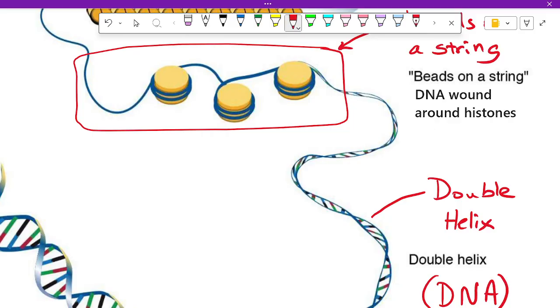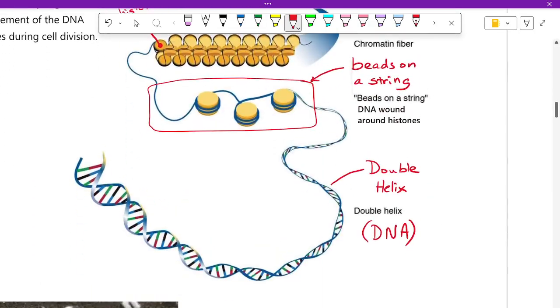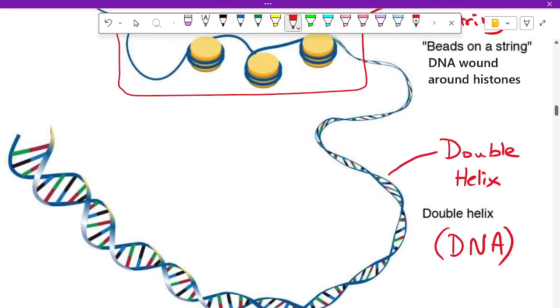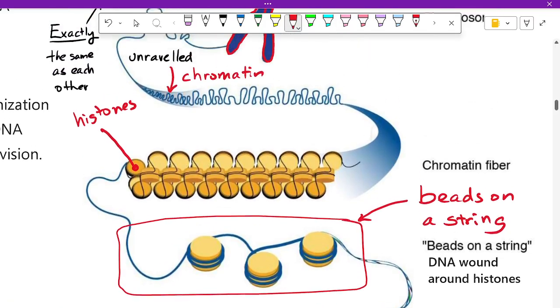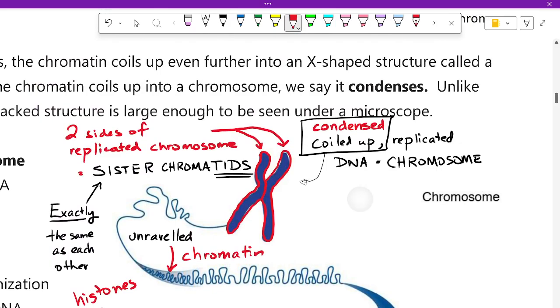So if you take away the histones, you've just got the DNA. So you can take this diagram and either read it from most coiled up to least coiled up, or you can take it from DNA and say, oh, it starts getting coiled up, and then it coils up more, and then it coils up even more. Okay?